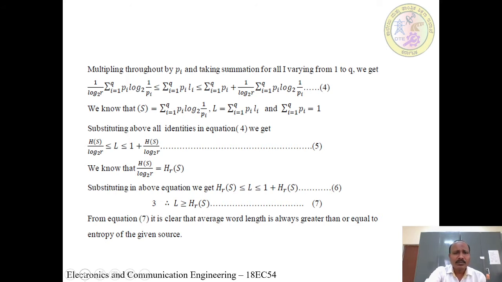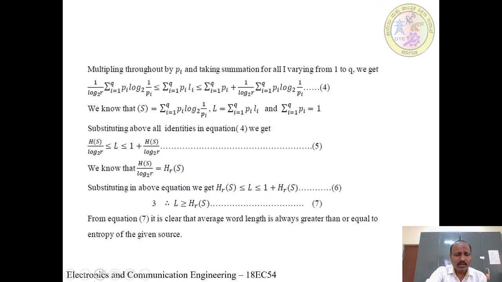In the previous sessions we have studied how to calculate the entropy of a function, how to calculate the average length, and that the sum of the probabilities of all the events must be equal to 1. So substituting all these in the above equation, we get H of S divided by log r with base 2 is less than or equal to capital L, the average length, which is less than or equal to 1 plus H of S divided by log r with base 2.